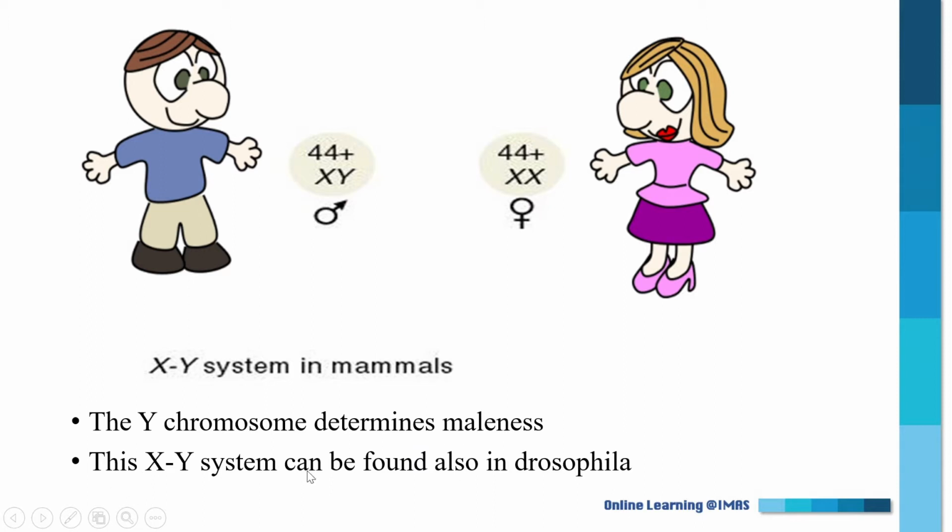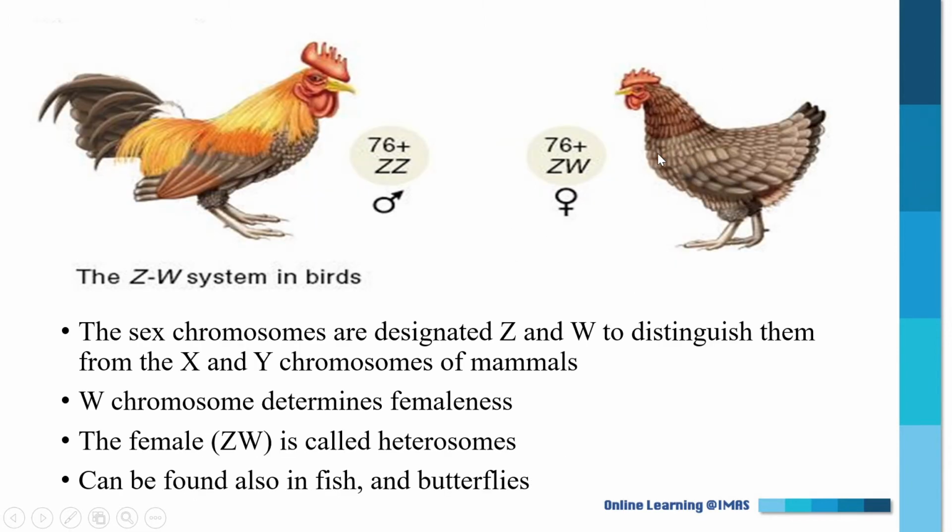Drosophila also has the same XY system. But birds have another system, what we call the ZW system. When you are homozygote for the Z, for example, here it's a male, and heterozygote, or heterosome, will be a female.